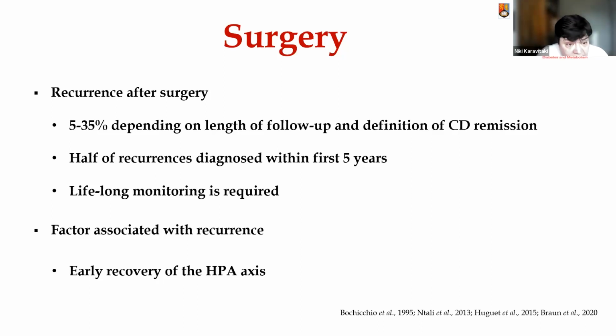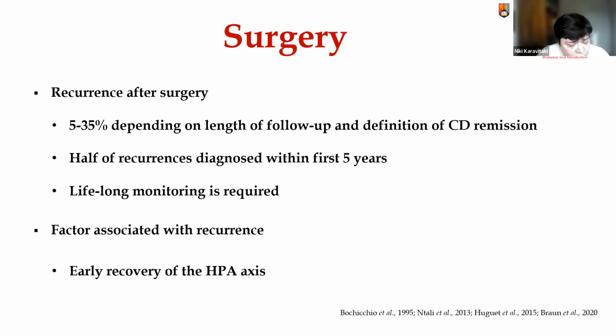Half of the recurrences apparently are diagnosed within the first 5 years, but lifelong monitoring is required because recurrences can happen even after 5 years. I've seen a recurrence even 15 years later when no one was expecting that. So lifelong monitoring is needed.